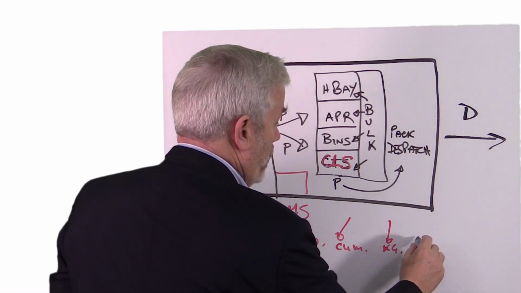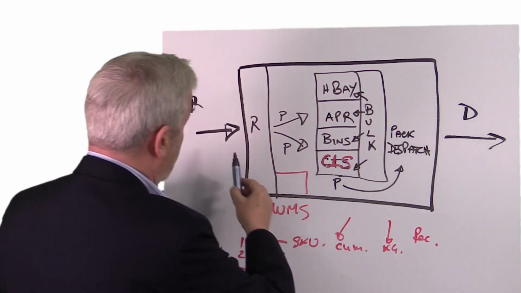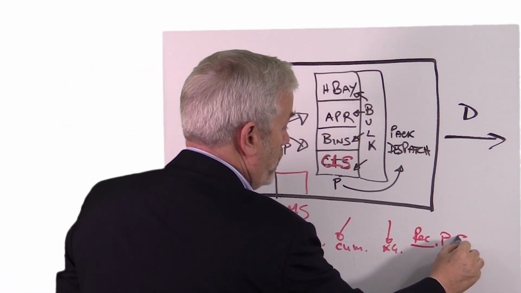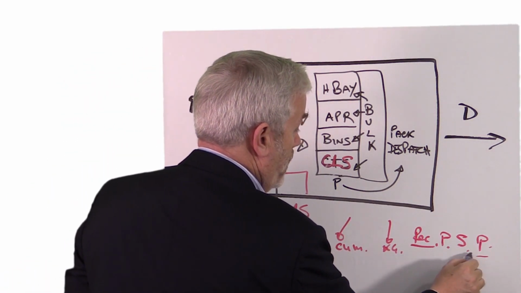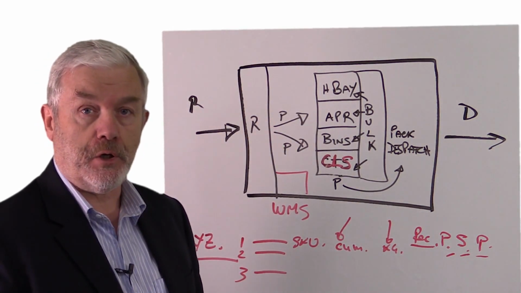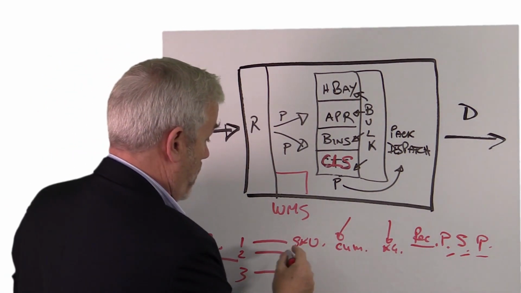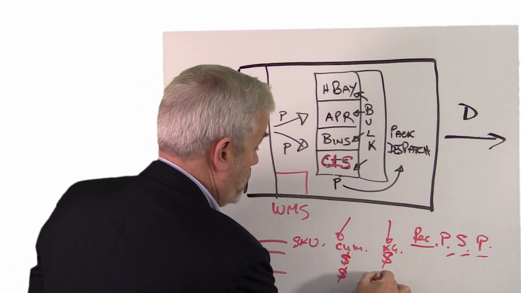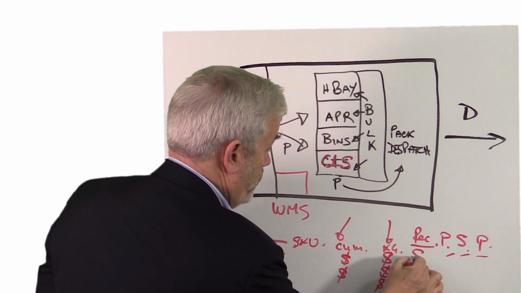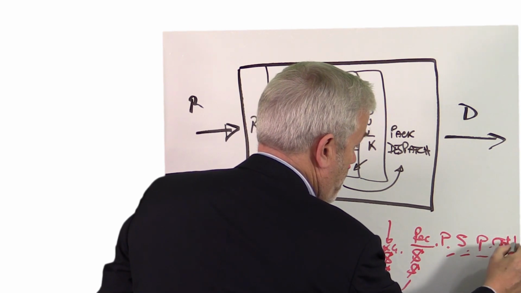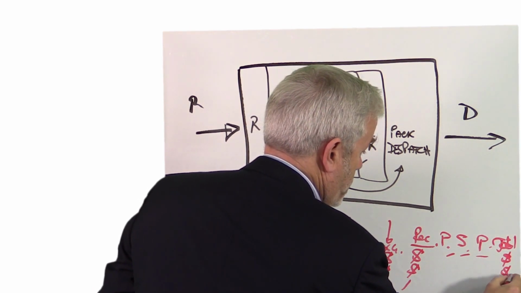And all I'm going to do here is I'm going to create a column for each of these functions. So I've got receipt, I've got put away, I've got storage, I've got picking. And based on the method that I'm going to use for allocating the costs, I'm actually just going to drag in the costs on each of these order lines. And then we're going to have a total at the end. And that's as simple as it is.